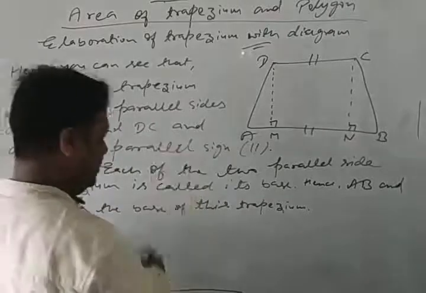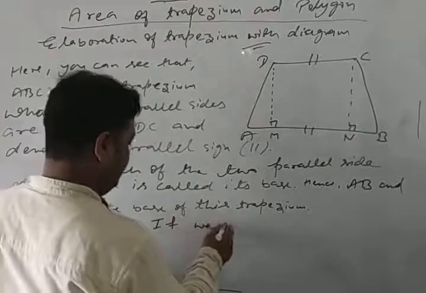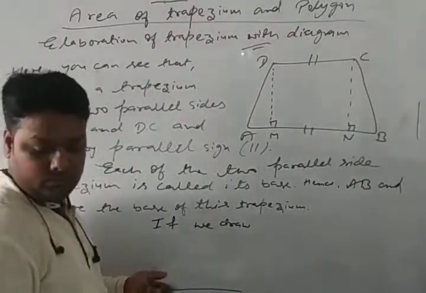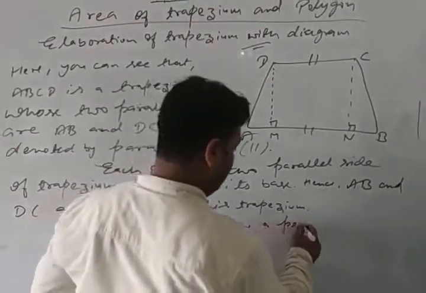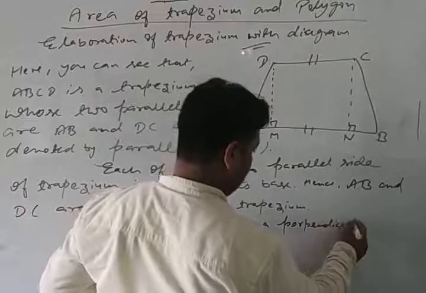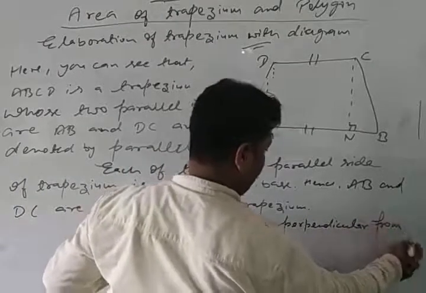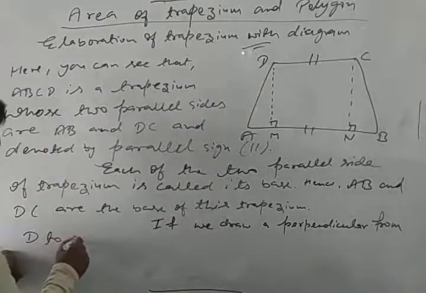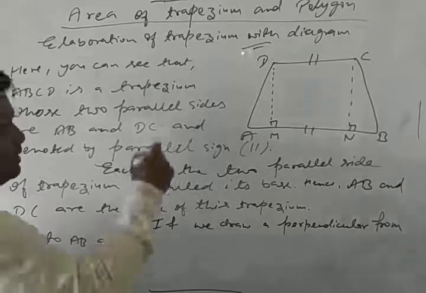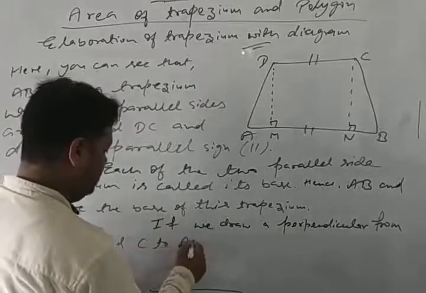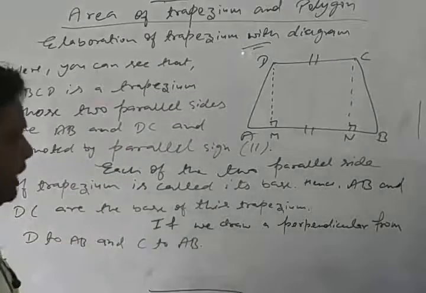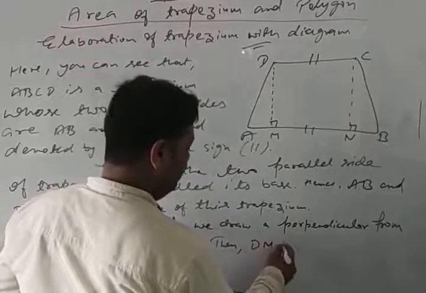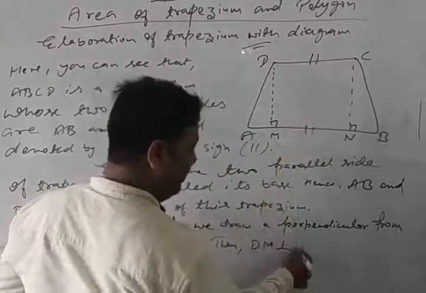So here we can see that if we draw a perpendicular from D to AB and C to AB, then we can write DM perpendicular to AB. It is the sign of the perpendicular.